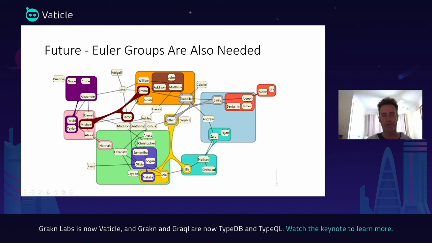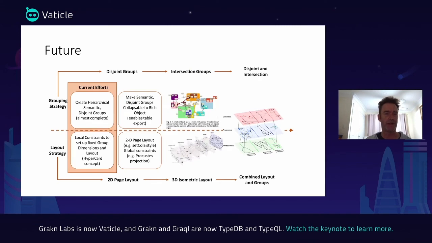Now, joint groups are where I've got some overlap with some other group, and this is a very common thing in TypeDB. So I feel that when we have the disjoint groups and the joint groups together, you can actually get some huge clarity. But essentially, I've pretty much done the semantic disjoint groups.